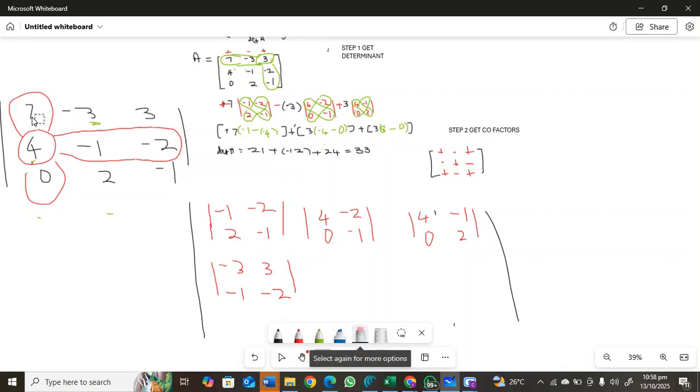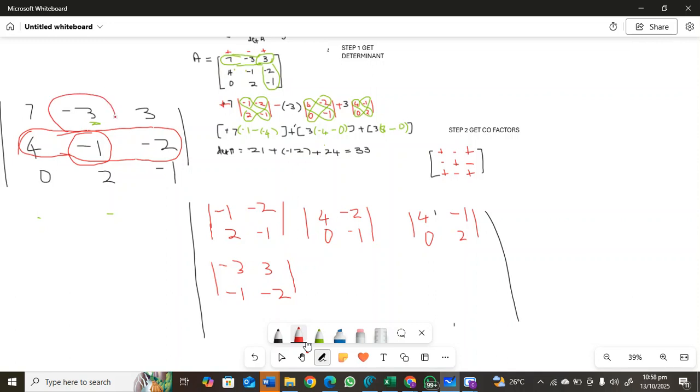Okay, we go to the next number. Next number is -1. So you remove this, you remove that one, you remove that one.